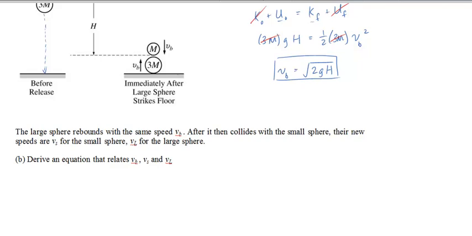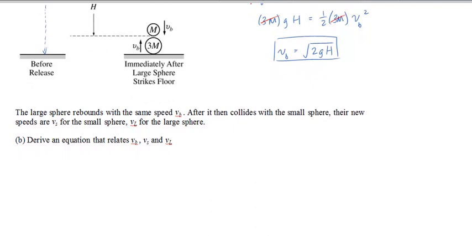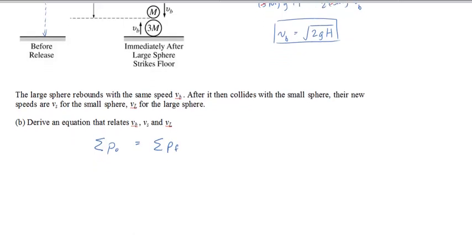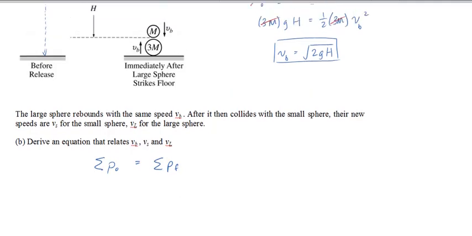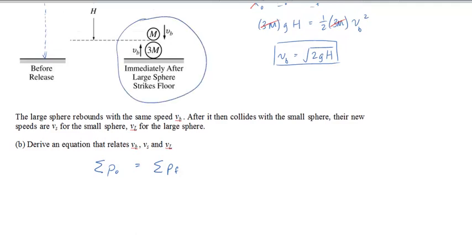Well, this is a collision. So what we have to use here is, of course, conservation of momentum. So total momentum initial has to equal total momentum final. I'll use the summation symbol that they like. Okay, our initial situation is now this picture.